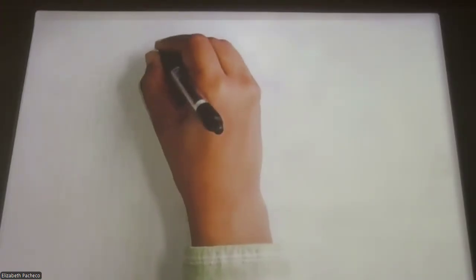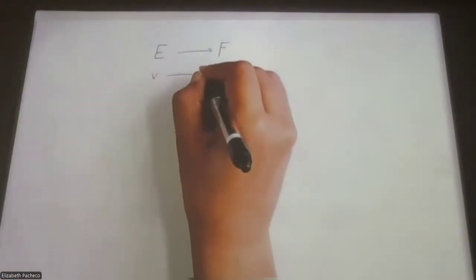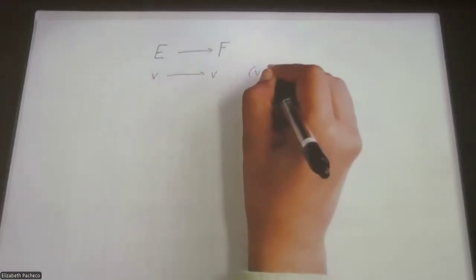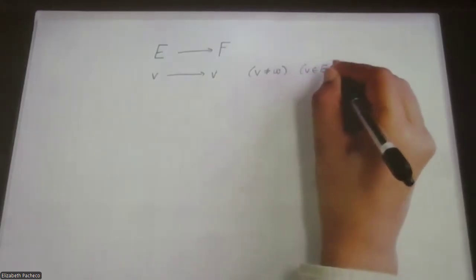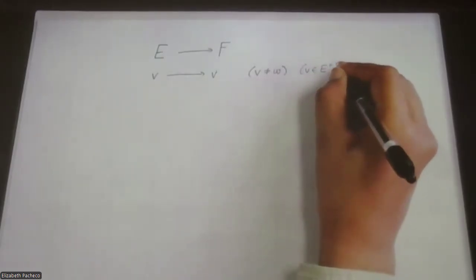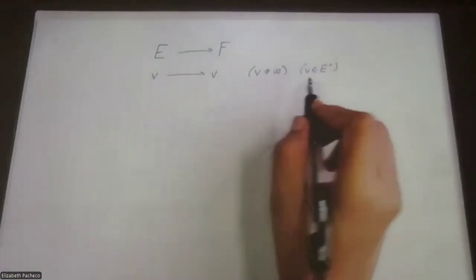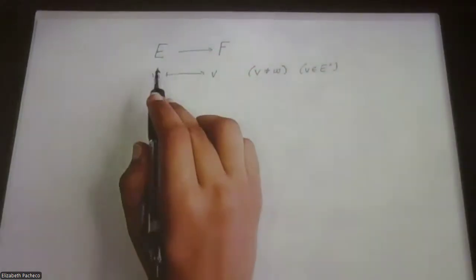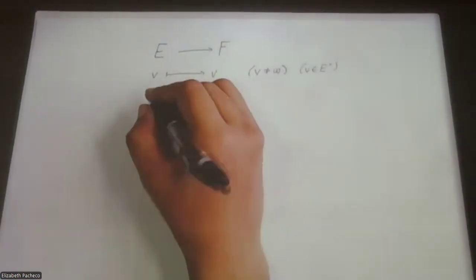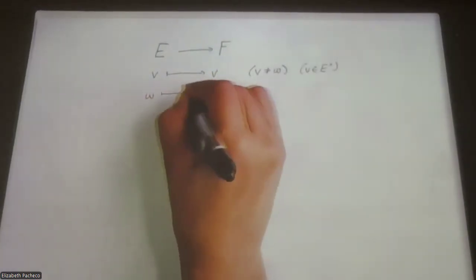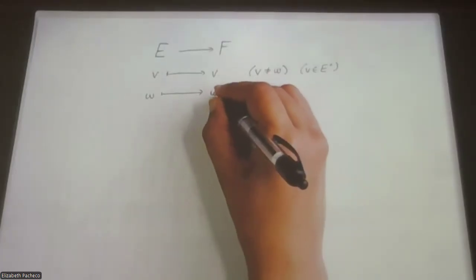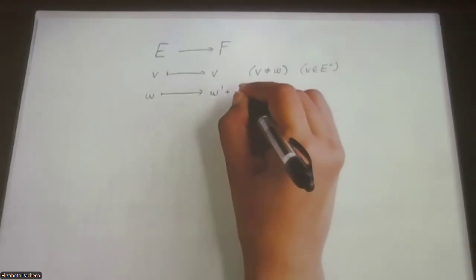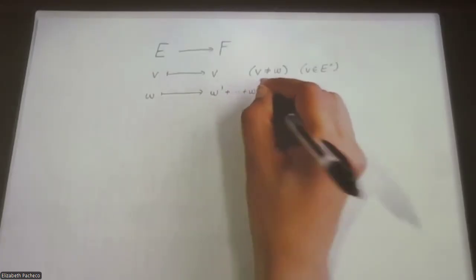So from E to F, V goes to V for V not equal to W. I should also mention that I'm always thinking of V as a vertex. V is a vertex, but then W, remember we took away W here, goes to W1 plus all the way up to Wn.